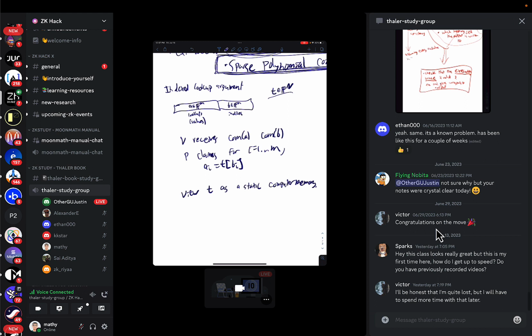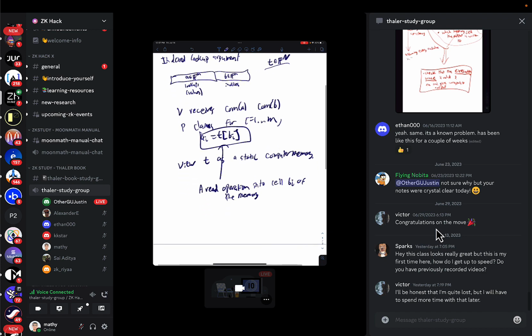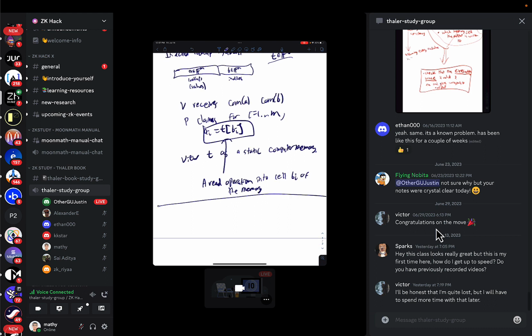And we can think of the ith lookup as like performing a read operation into cell BI of the memory. All right. So this is closely related to memory checking. So let me now explain what memory checking is.